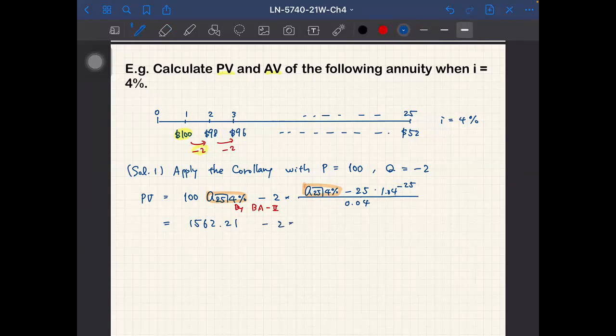And -2 times the same quantity, 15.6221 minus 25 times 0.375117, over 0.04. Now we can just calculate these numbers, and this becomes 1,250. So the present value of this annuity is $1,250.